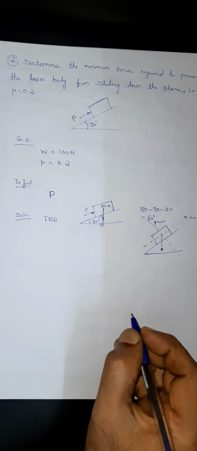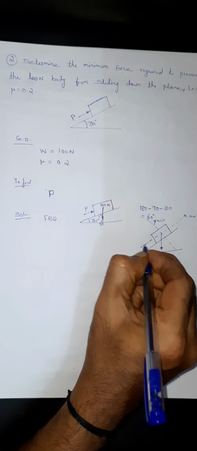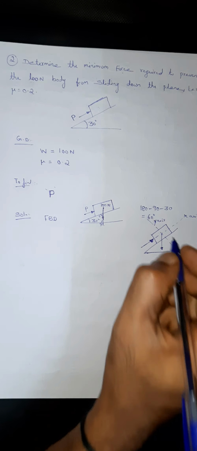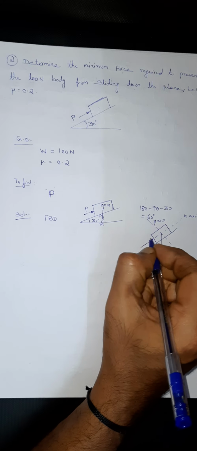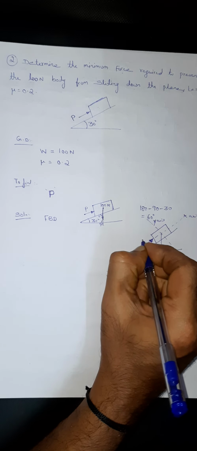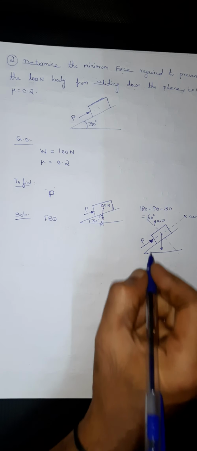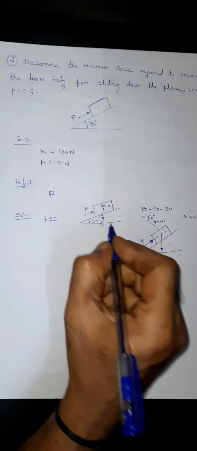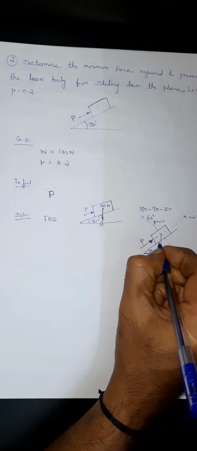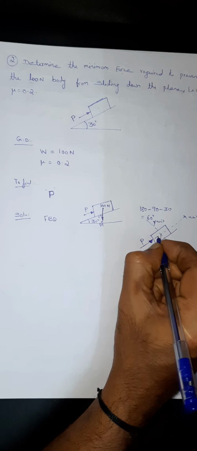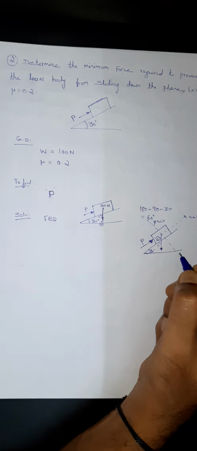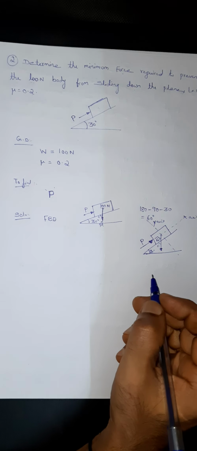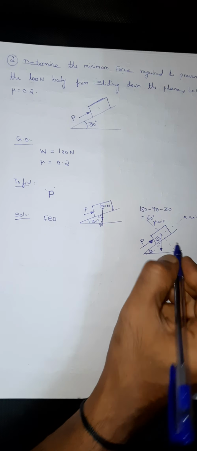This is the P, the minimum force required to prevent the body from sliding down the plane. This is 30 degree. If this is 60 degree, naturally this will also be 60 degree. Am I right? So W, how much magnitude? This is 100 Newton.